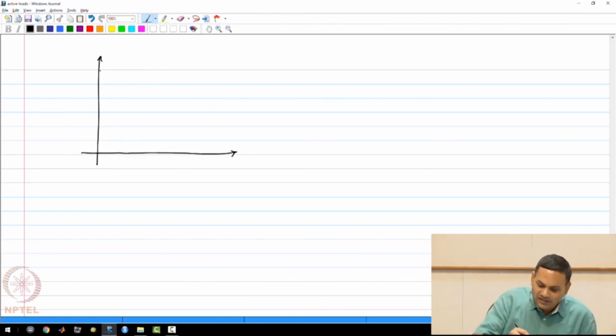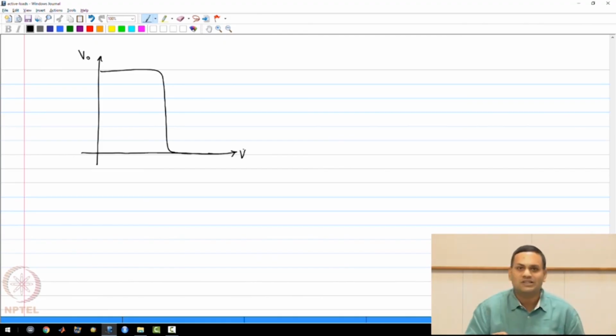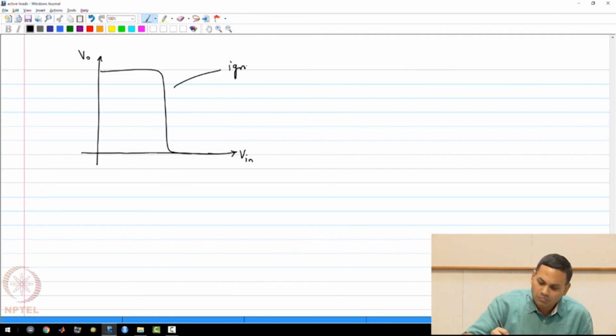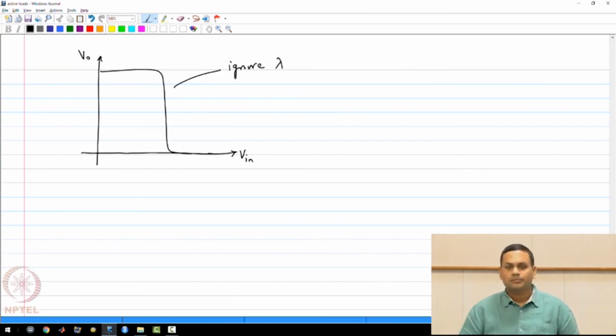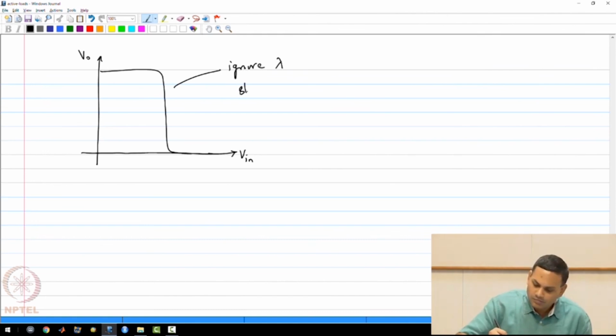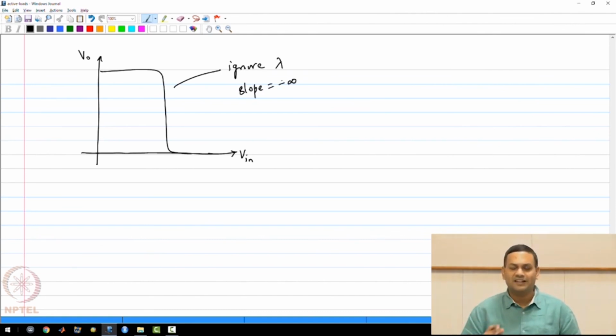In an ideal case, a CMOS inverter should look like this. This is the kind of curve you will see if you ignore channel length modulation. So this slope is minus infinity. If you ignore lambda, the slope is minus infinity. In other words, the gain is infinite, clearly, because rds is infinite.